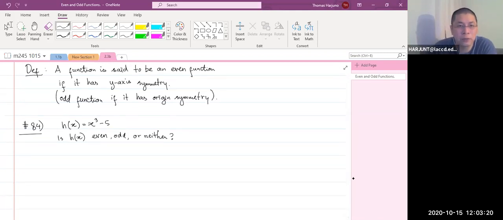Now, to check if a function is even, I will replace the x by negative x. I reflect that with respect to the y-axis, right? And show that the resulting graph is the same as the original function.